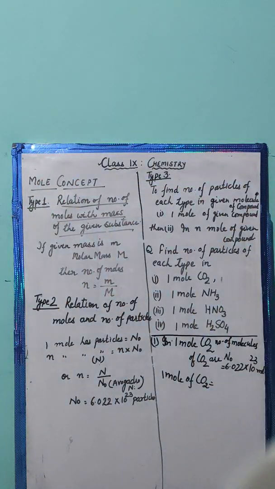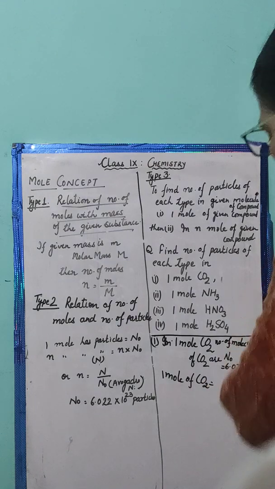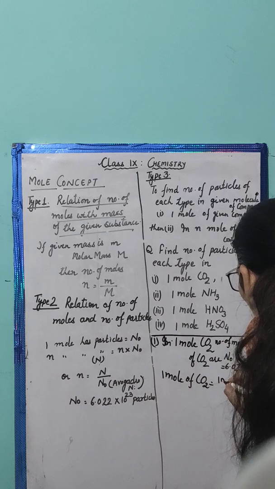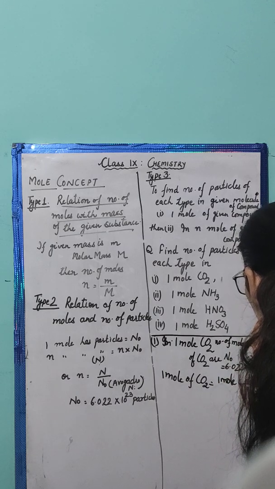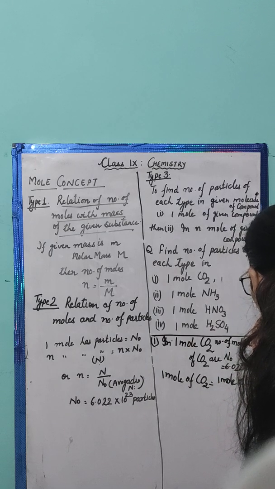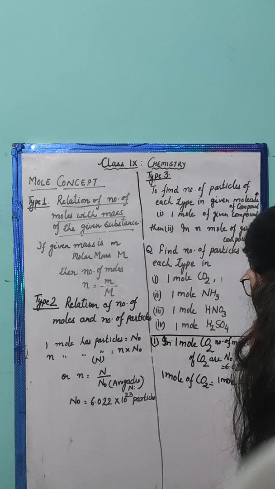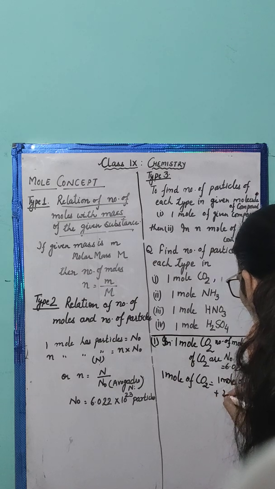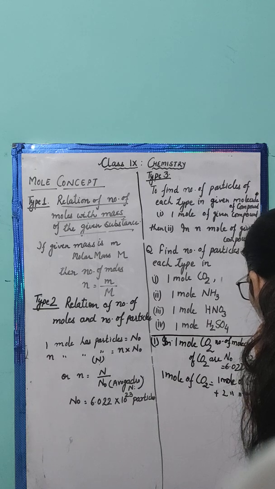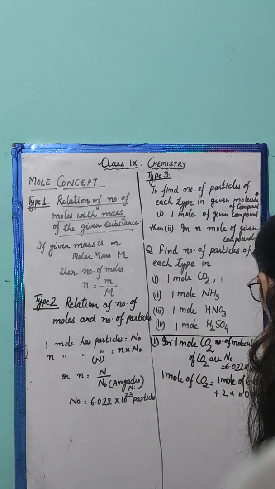In 1 mole CO2, there is 1 C and 2 O. Okay, there is 1 mole of C atoms and 2 moles of O atoms.